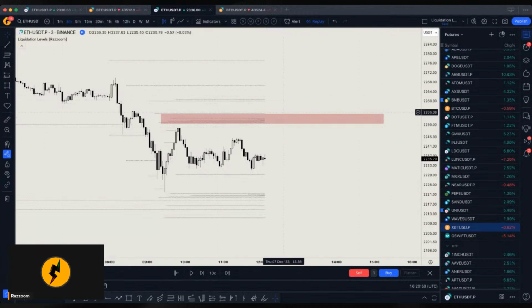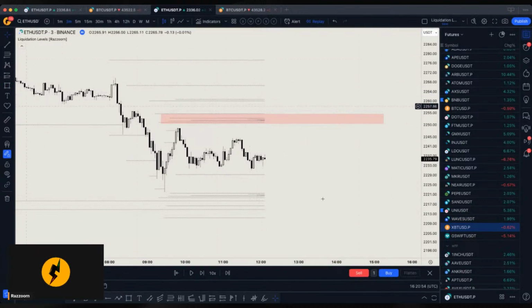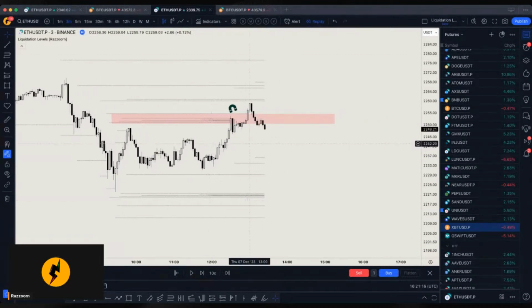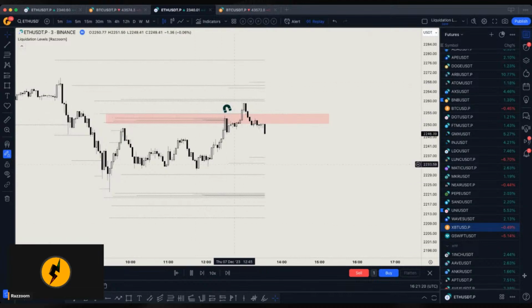And as I explained previously, these stacked liquidation levels tend to work as a magnet for the price, and you get them before the move happens. So here you expect a move to this zone right here.